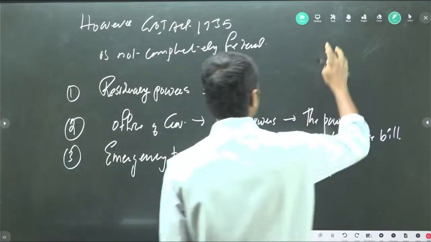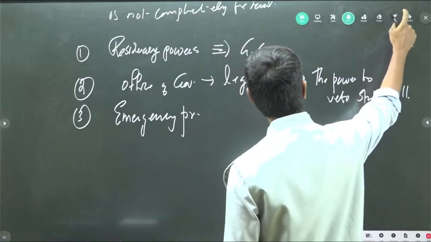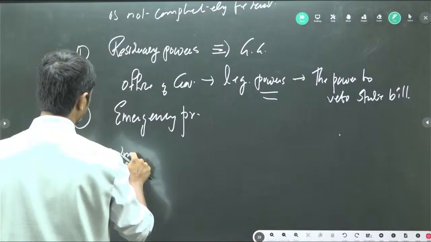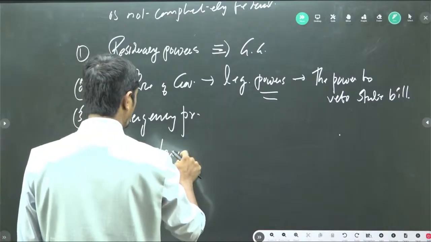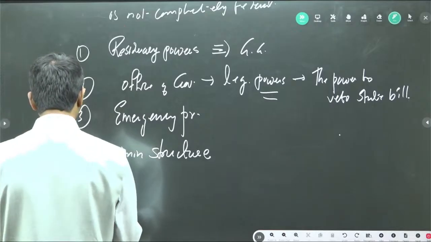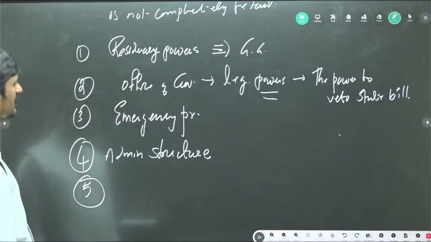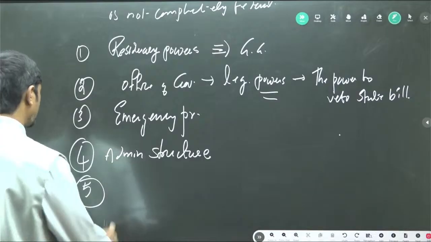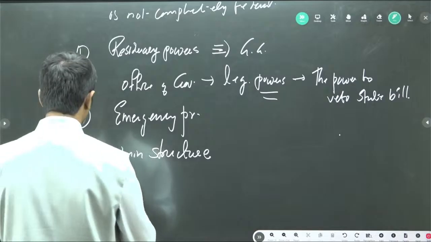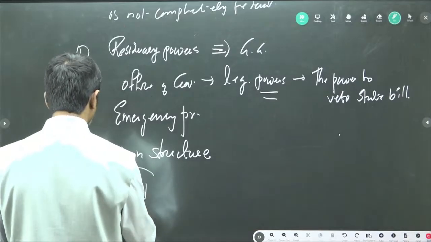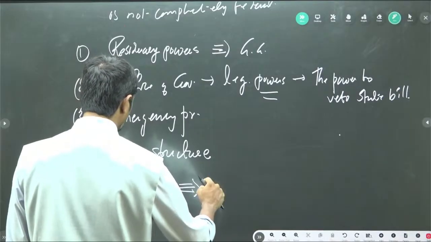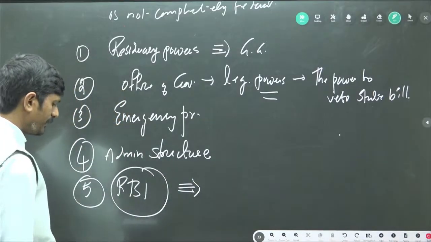Similarly, it provided for an administrative structure of the government, which is also unitary in nature. And coming to other aspects, for example, the key things for the government, for example, you take RBI, okay, this falls under the exclusive control of the union government, so it is also a unitary feature, right?